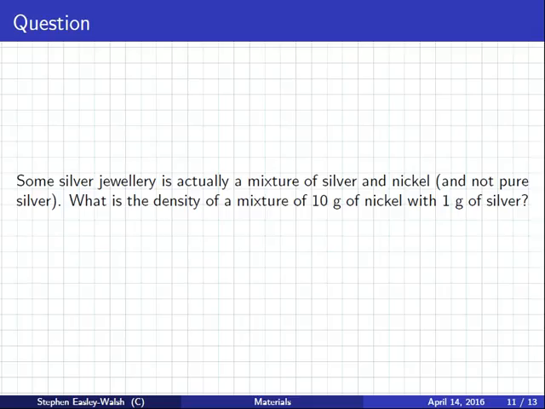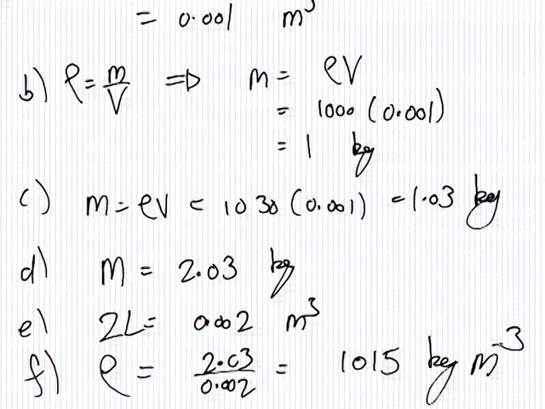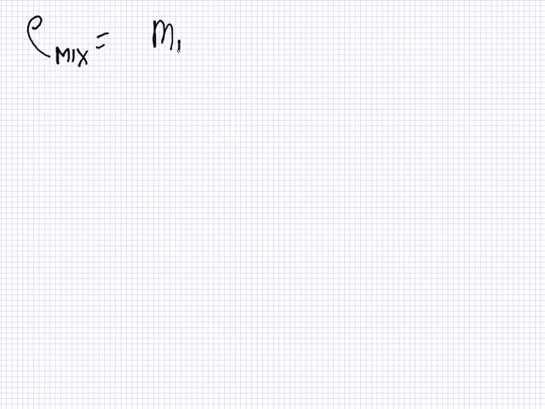Let's have a look. So the density of the mixture is the mass of the mixture over the volume of the mixture. Now the good news is we know the mass of the mixture. If we have 1 gram mixed with 10 grams, what's the mass? Well, it's 11 grams. But we don't know the volume of the mixture. Is it making sense? Do we know the volume of the mixture?